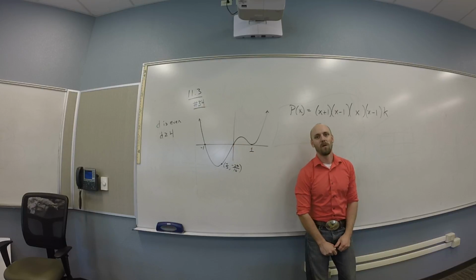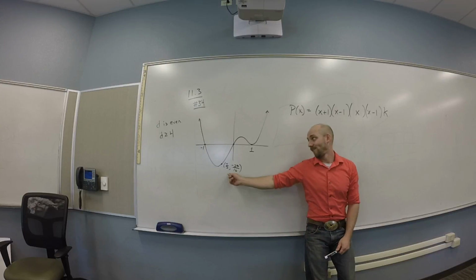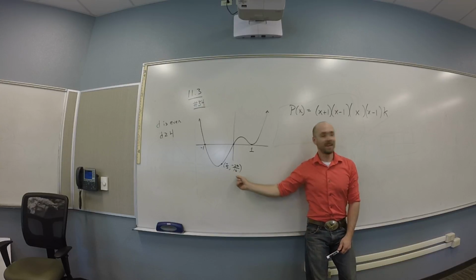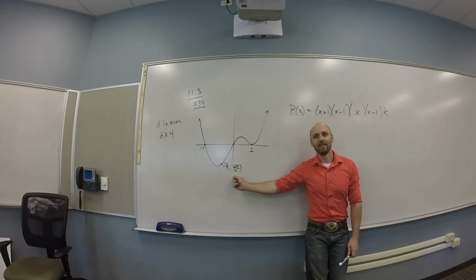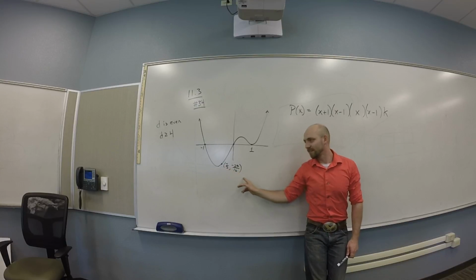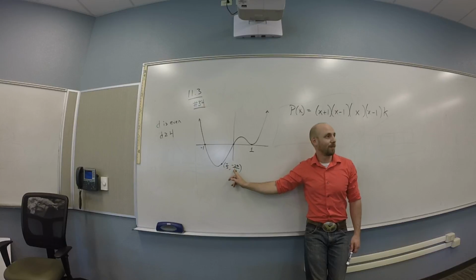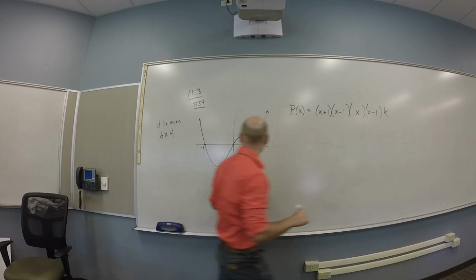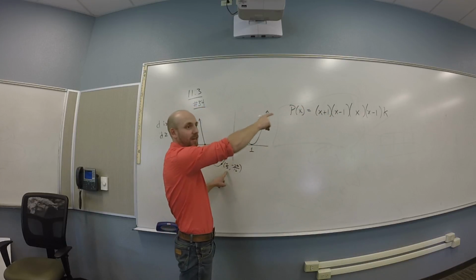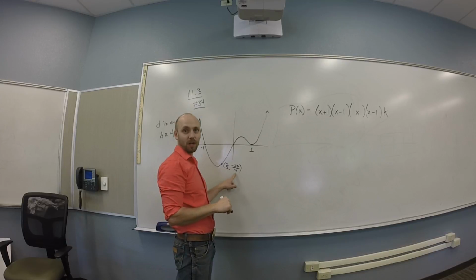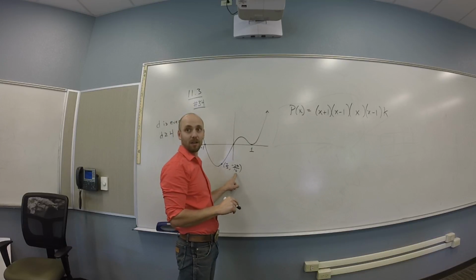They give you that point right there, another point, but it's not the vertex. But at least it's another point, a point on the graph, which is an x comma f of x pair, or p of x in this case. So I know that if I plug minus a half into there, I should get minus 27 over 16.